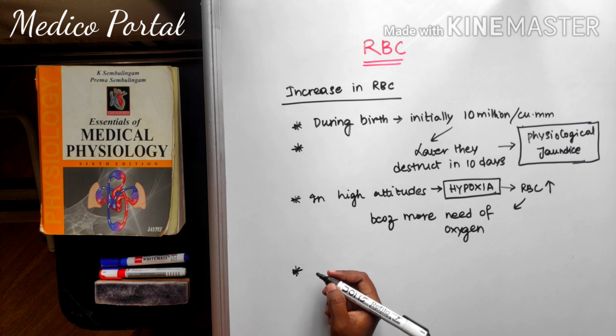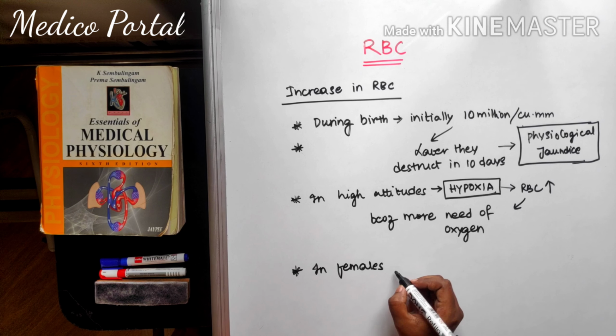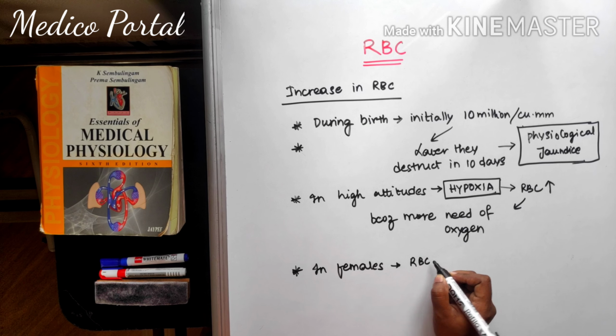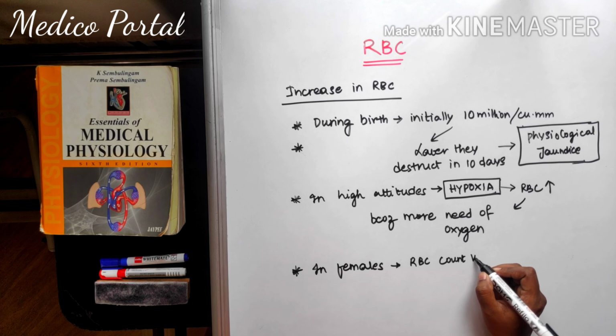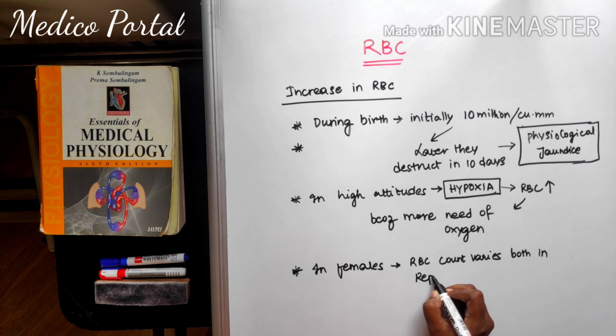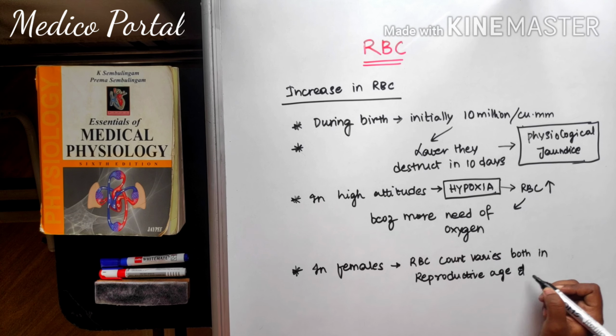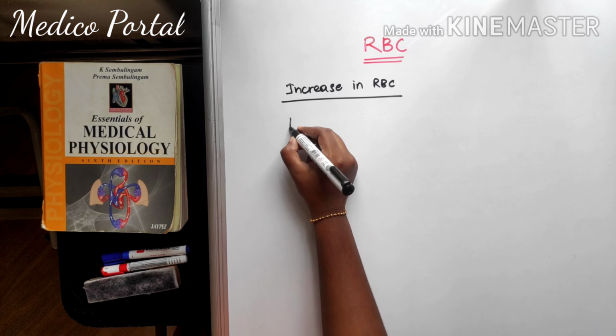And this RBC count also varies in females in various conditions, in the reproductive age and in the women after menopausal age. In reproductive age it is very less when compared to normal, and also in the menopausal age women.